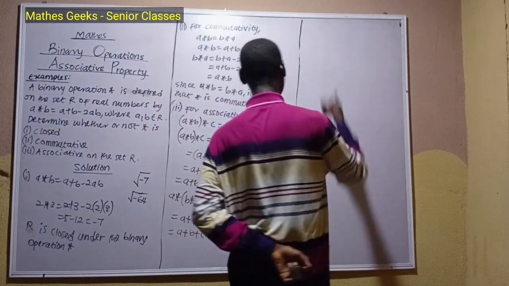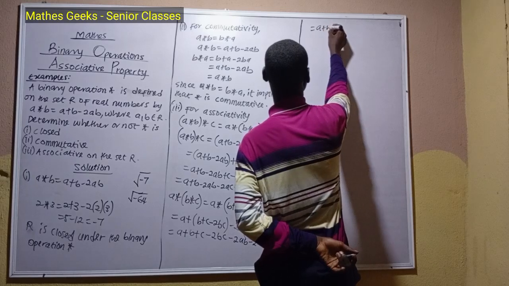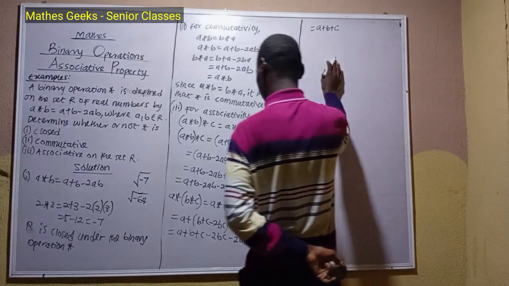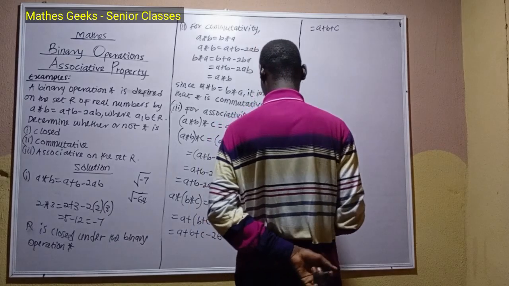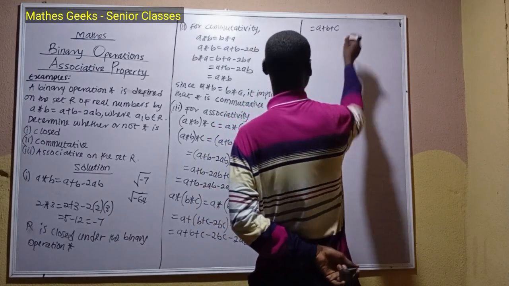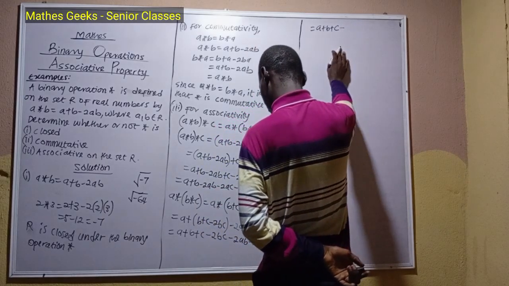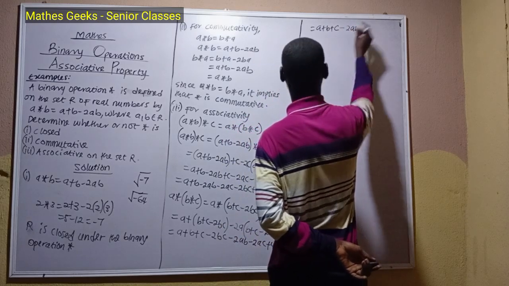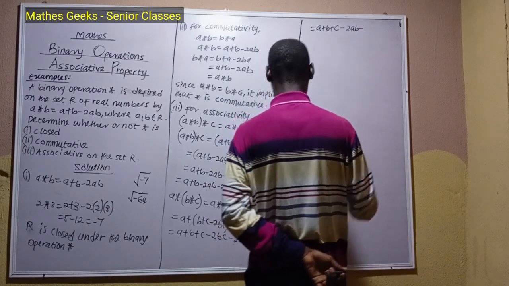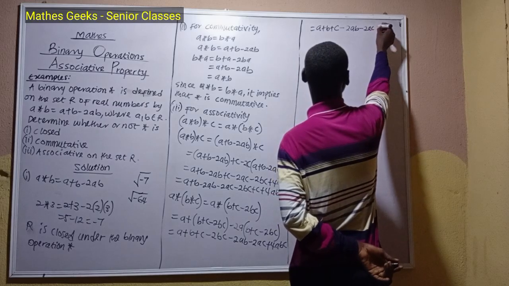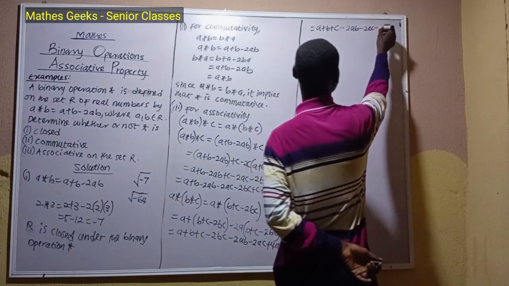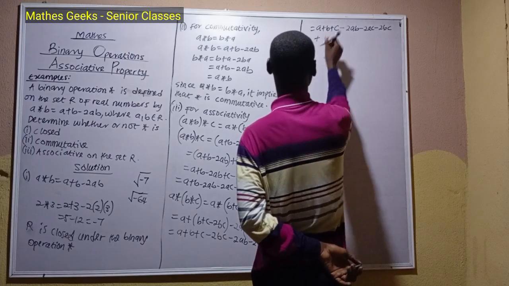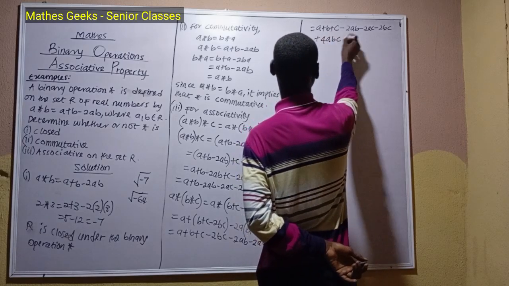So this gives A plus B plus C minus 2AB minus 2AC minus 2BC plus 4ABC.